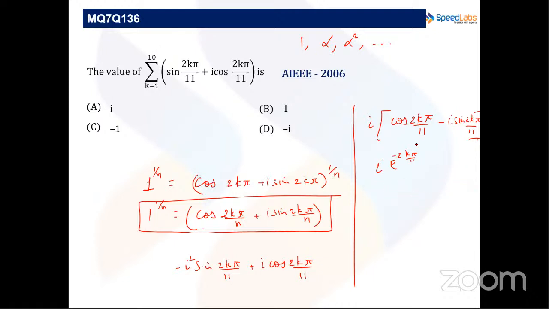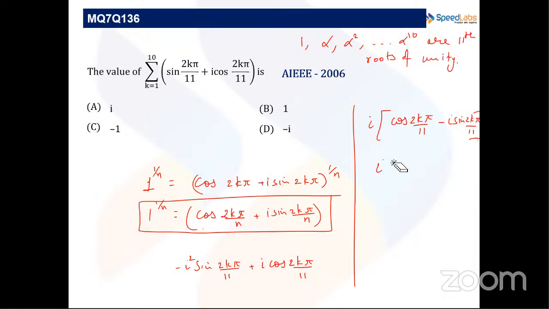So let's say 1, alpha, alpha squared, and so on up to alpha to the power 10 are the 11th roots of unity.